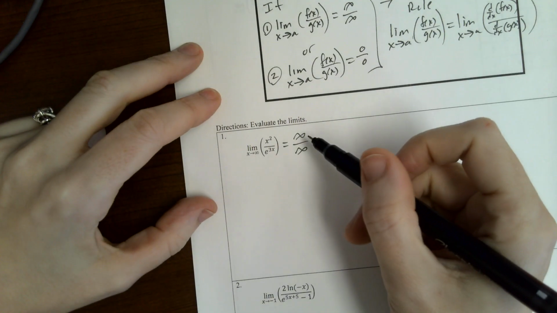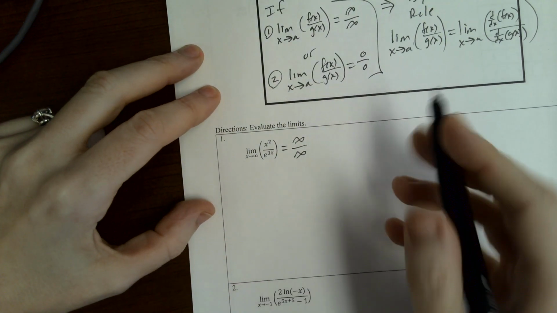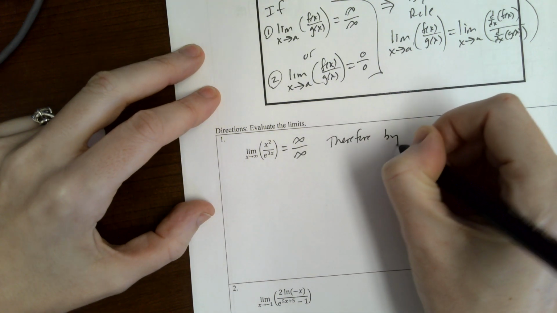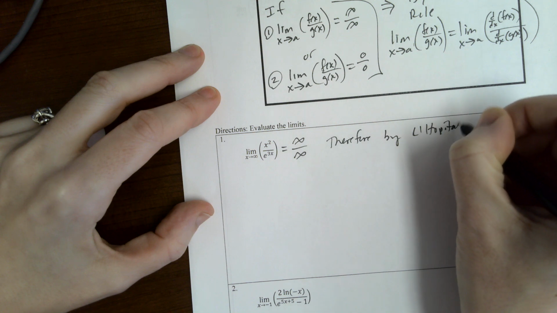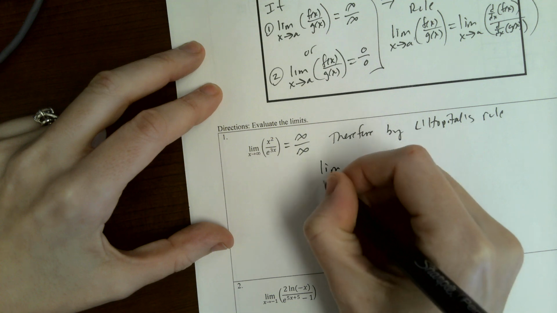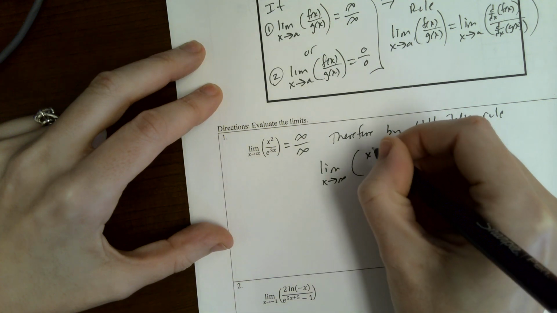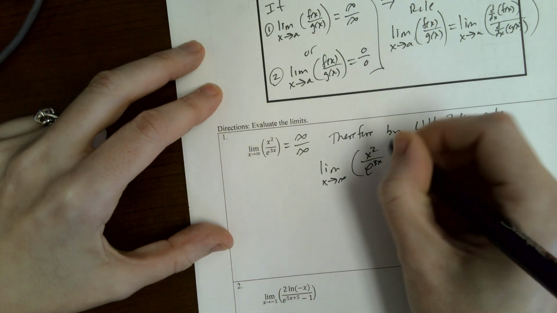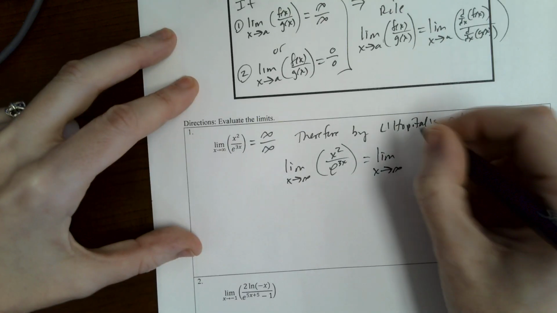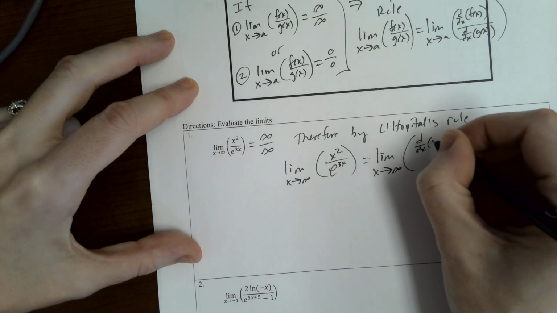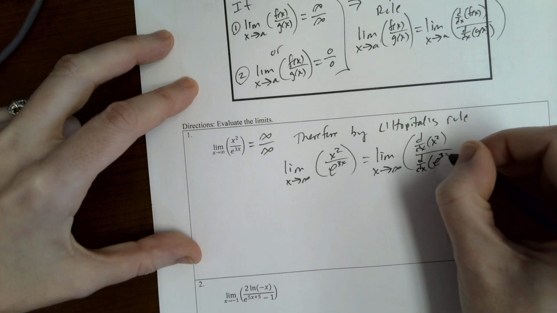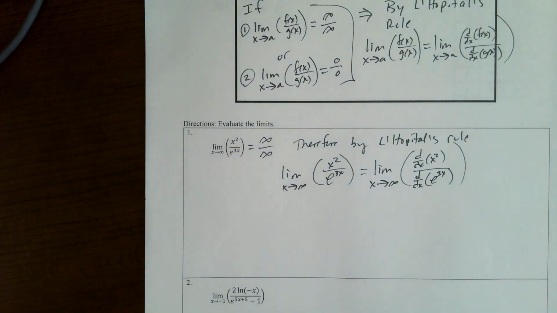And now, because you have this form, you could say, therefore, by L'Hopital's rule, the limit as x approaches infinity of x squared over e to the 3x is equal to the limit as x approaches infinity of d/dx of x squared over d/dx of e to the 3x.